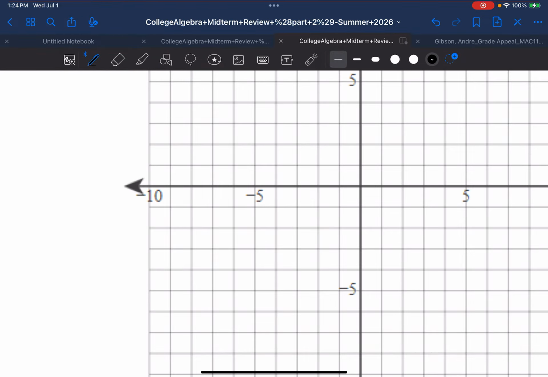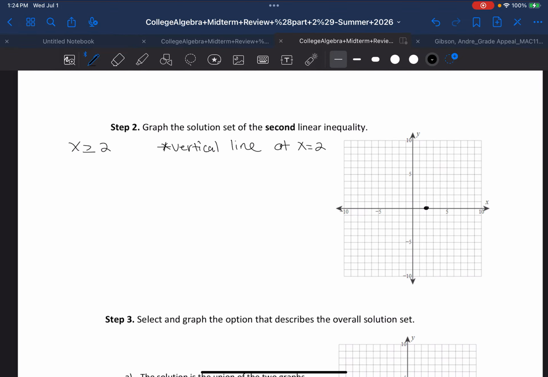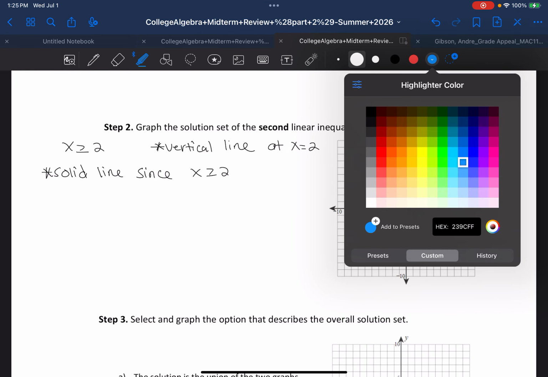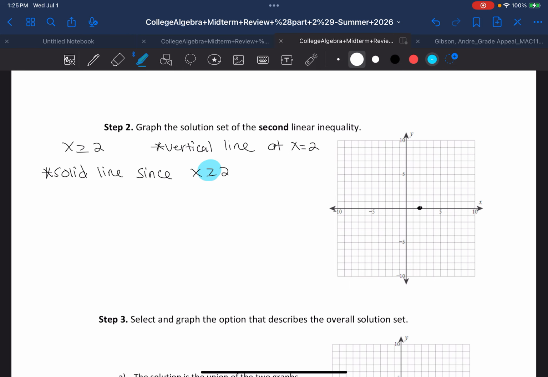So 1, 2, here's x is 2. Vertical line means you go up and down, and this will be a solid line since x can equal 2 because of the inequality symbol. It's greater than or equal. So this will be a solid line up and down.